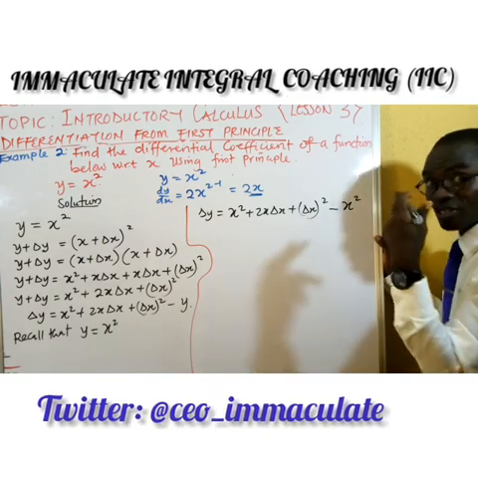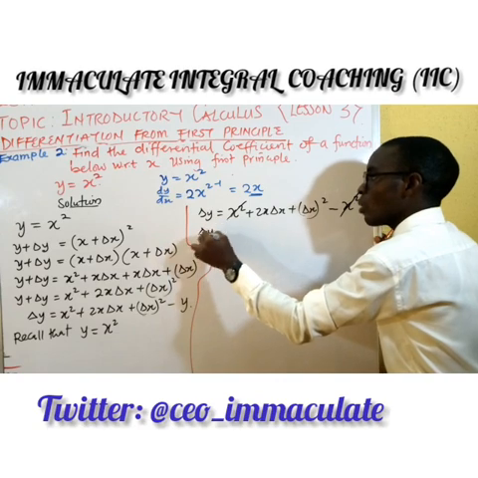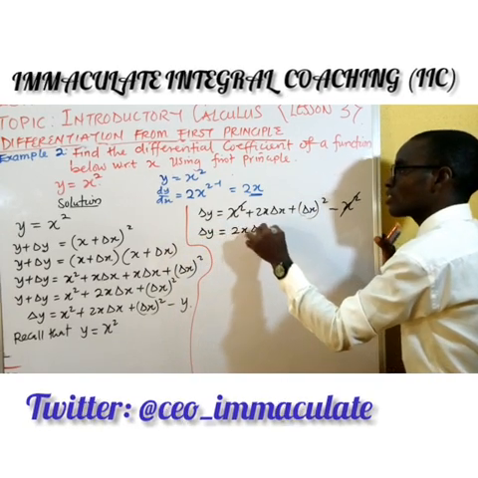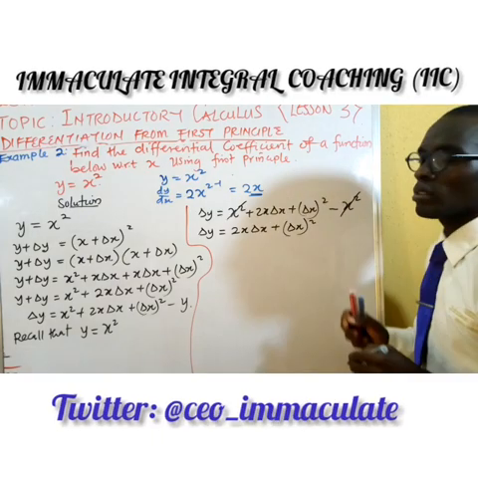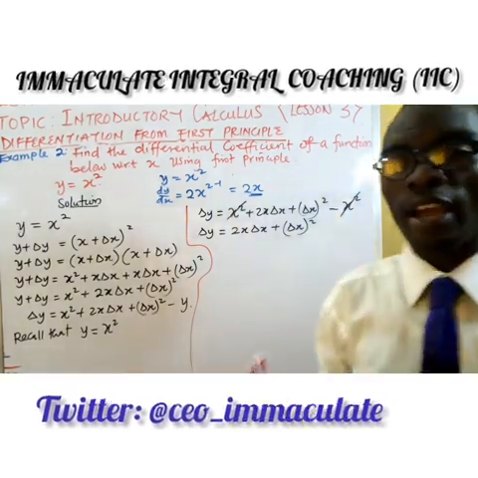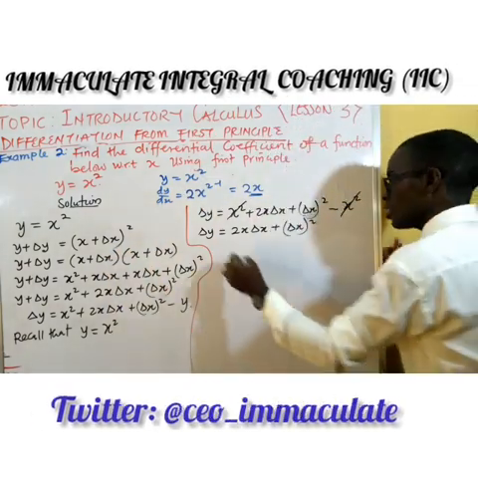Can you see what I'm saying? This cancels this. So δy equals 2x δx plus δx squared. The next thing we're going to do is to divide through by δx. So let's do it. Divide through by δx.